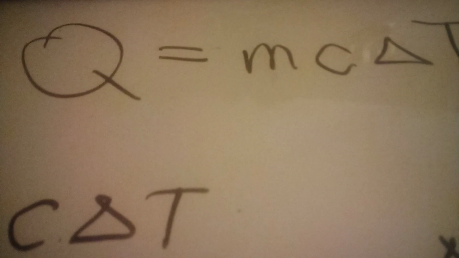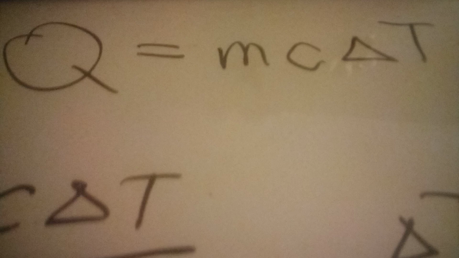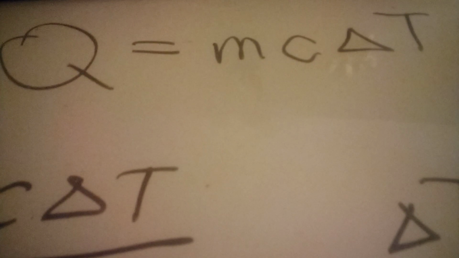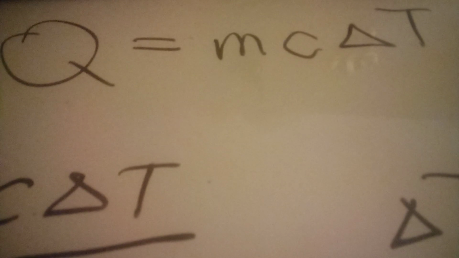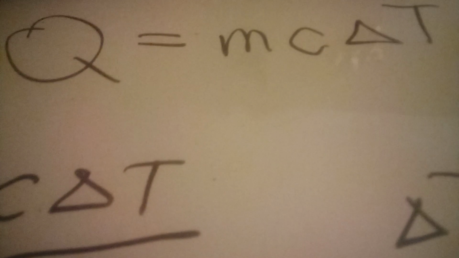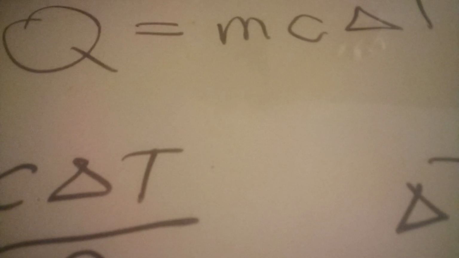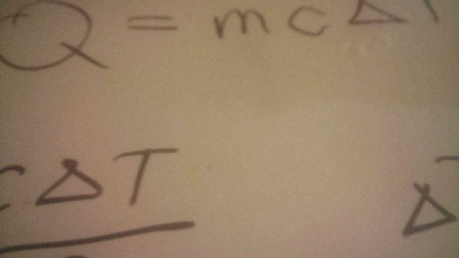Now let me explain why each of these quantities is involved in the heat equation. Of course, Q represents the amount of heat. I like to use the example of putting something on the stove.